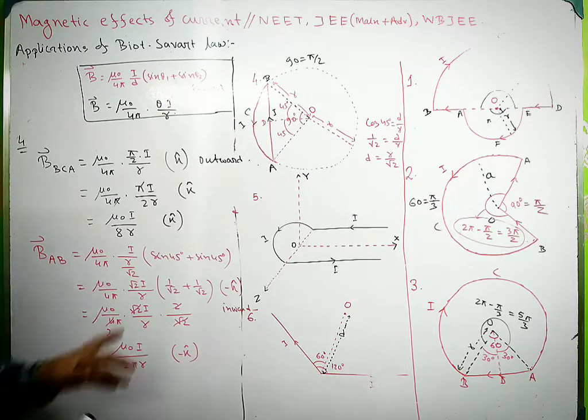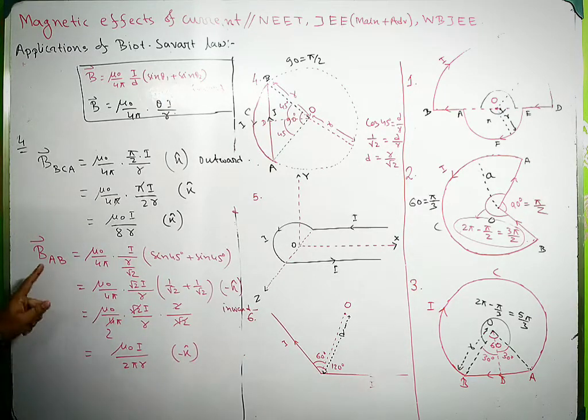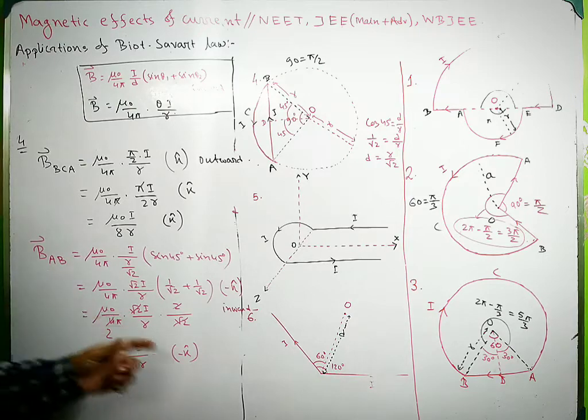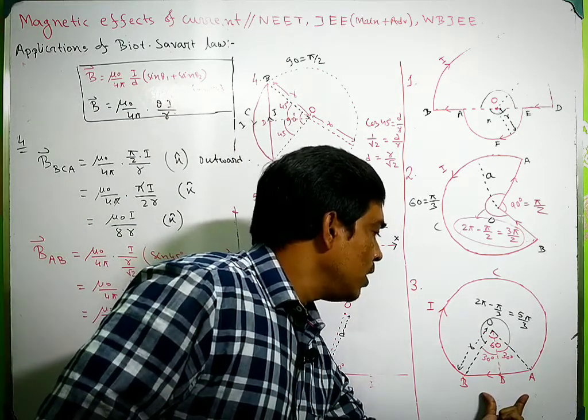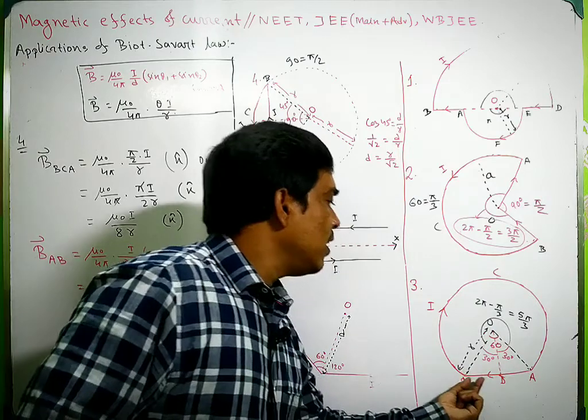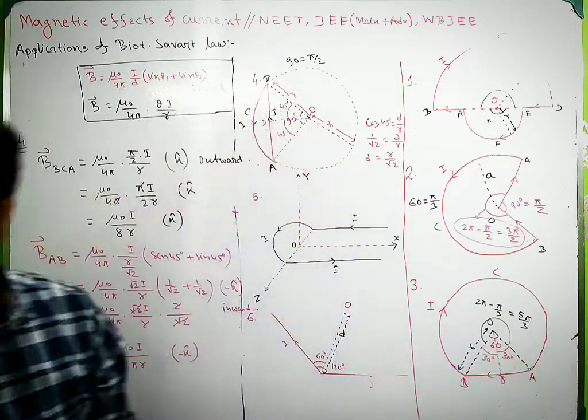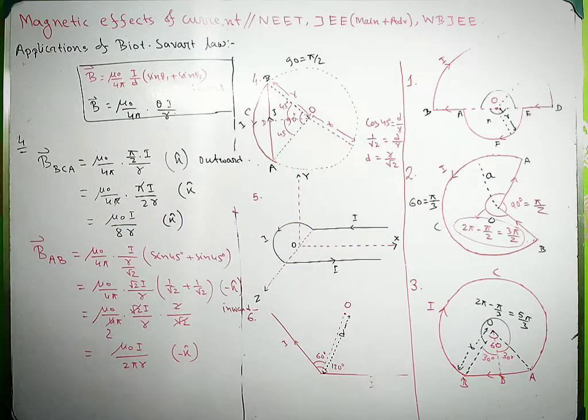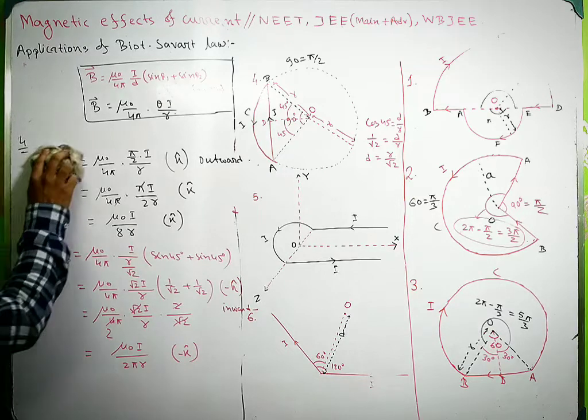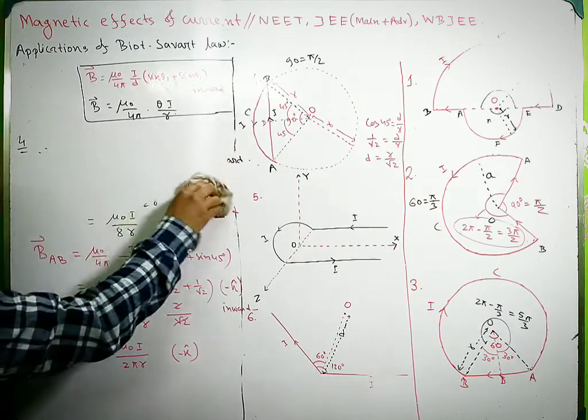This is the opposite direction and this value is greater, so the magnetic field for this portion at O point is greater than the other portion.